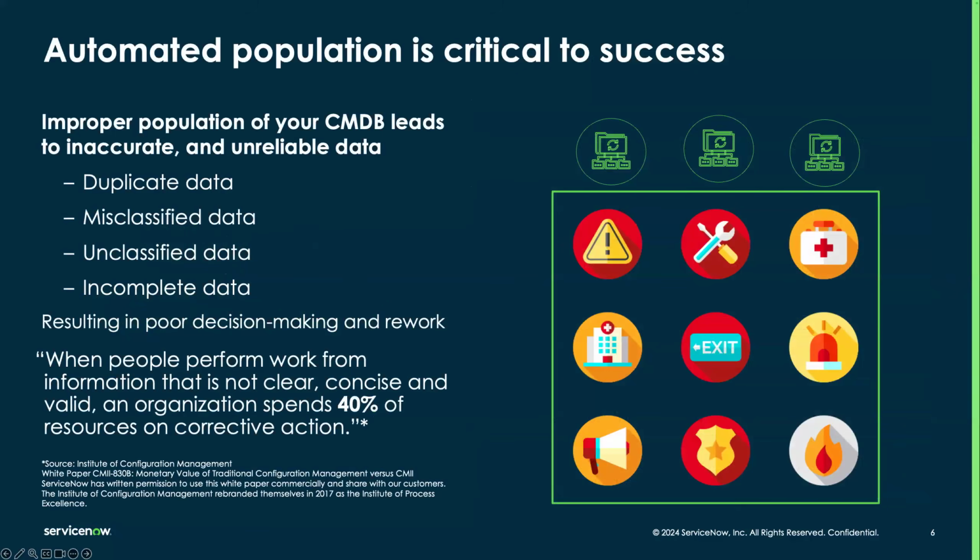And that's, as I said before, the key, right? One of the reasons that we saw there is that there is lack of automation. There's a lot of manual input in order to populate the CMDB. And that is not correct. As a matter of fact, automation of that population process is really critical to a successful implementation of the CMDB.